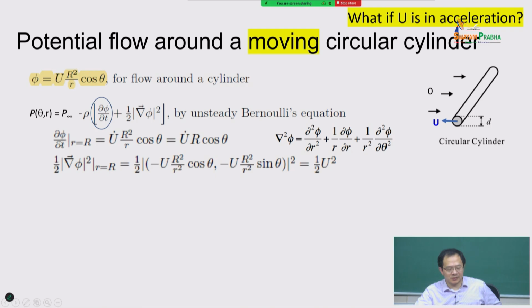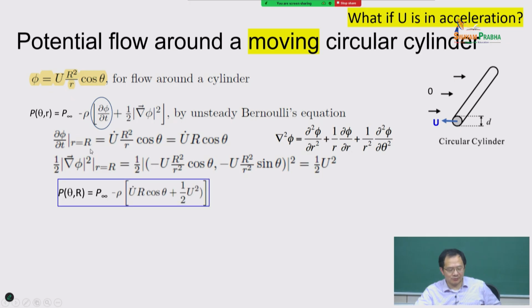U is velocity, U dot is acceleration, right? You have the acceleration term, you plug everything into this equation, and you will find that the pressure is now a function of theta and also a function of r on the surface of this cylinder.